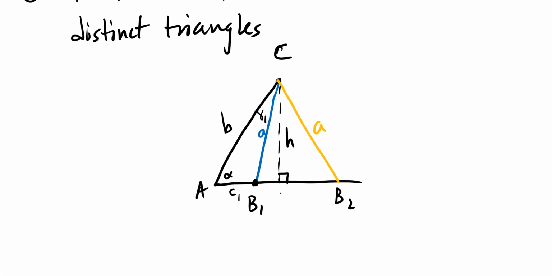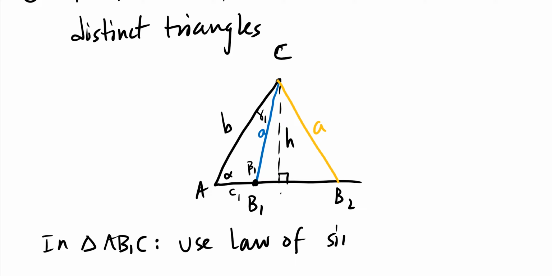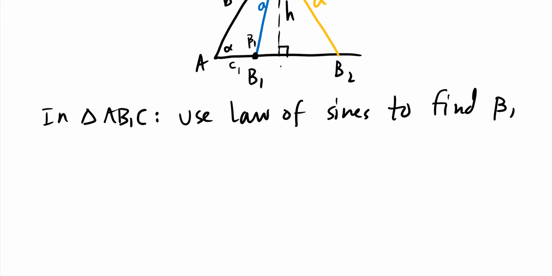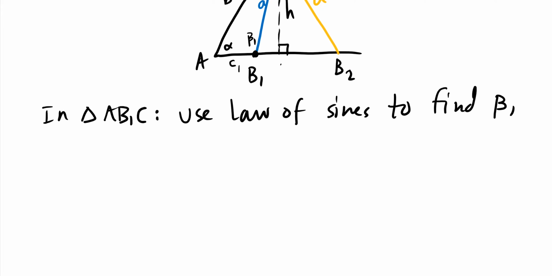So what we do, we take triangle A, B1, C. And this is beta, called beta 1. We use law of sines always to find beta 1. And when we find beta 1, then the way it works is you're going to be solving sine, let's say beta 1 equals some number.